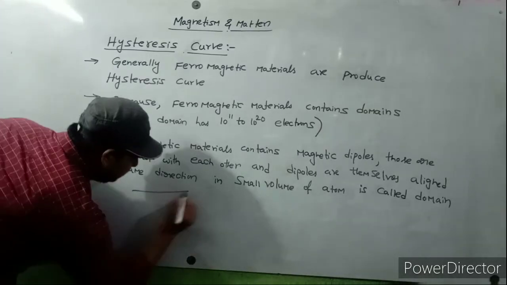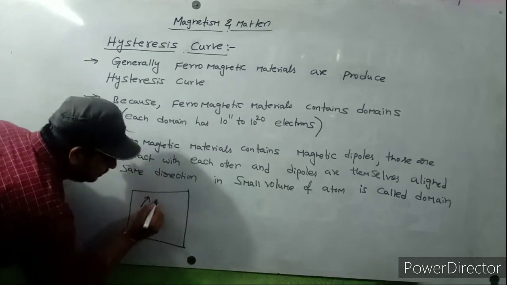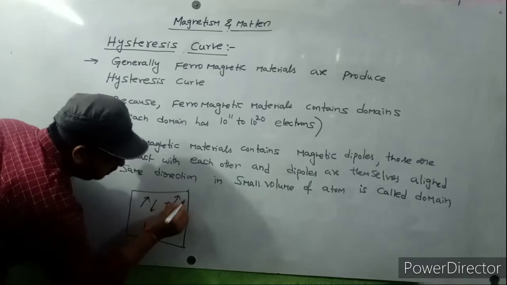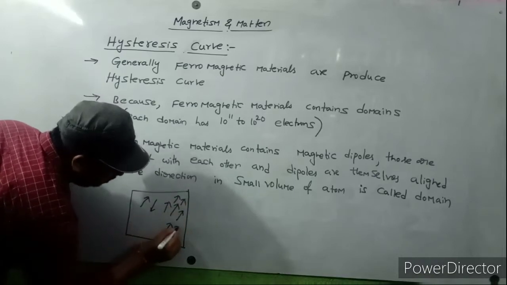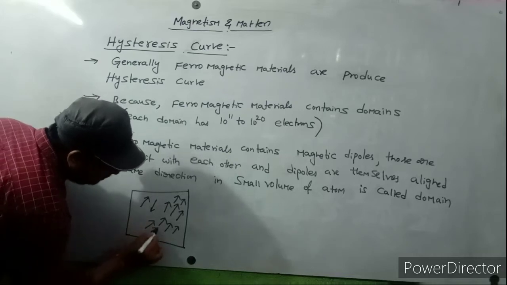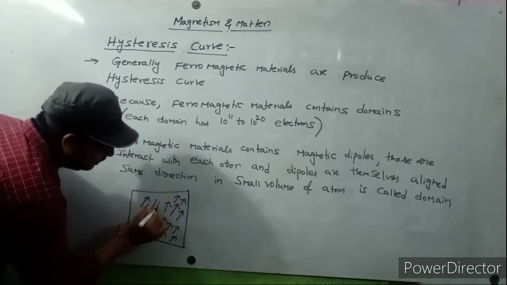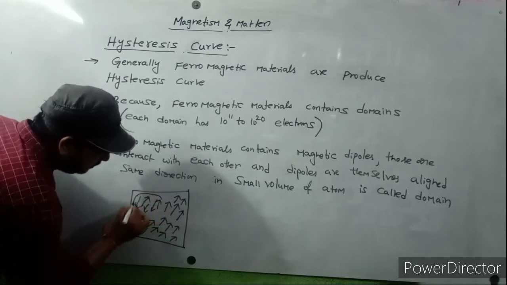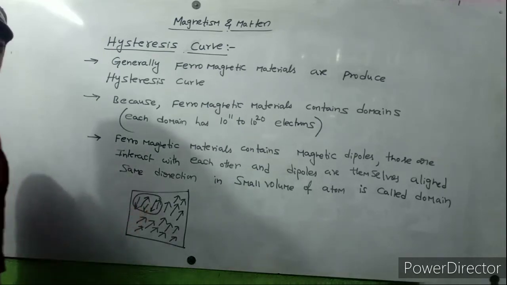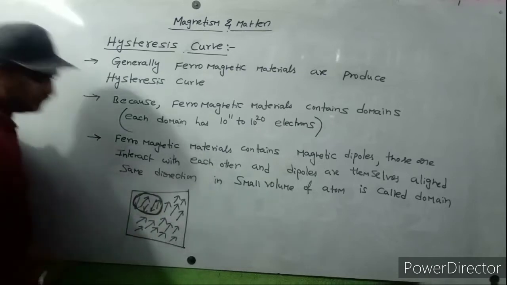For example, this is a ferromagnetic material, which means it contains some dipoles. Most of the dipoles are aligned in the same direction, but in a few portions of the volume the dipoles are not aligned in the same direction. Observe this portion, these are not aligned in the same direction.